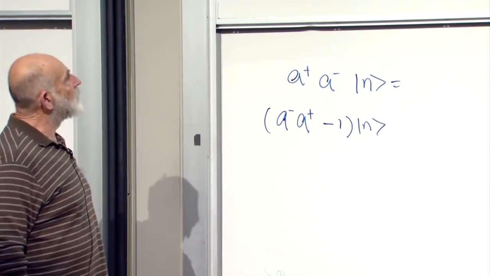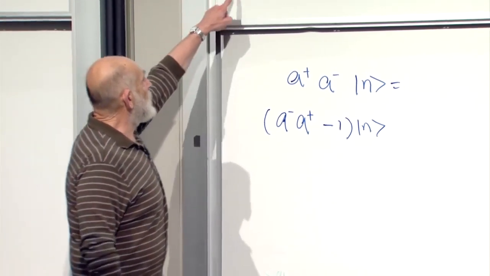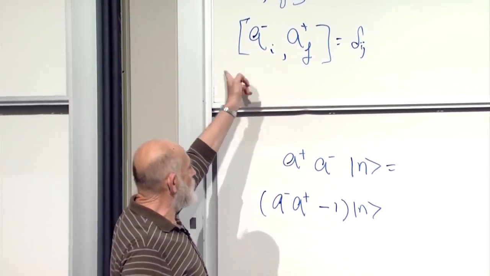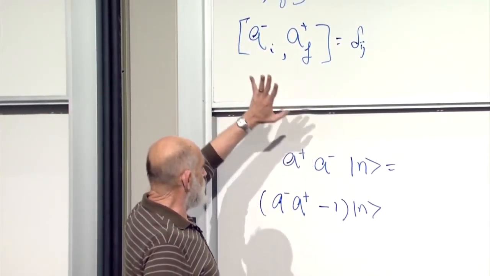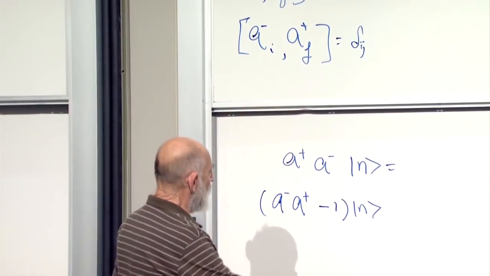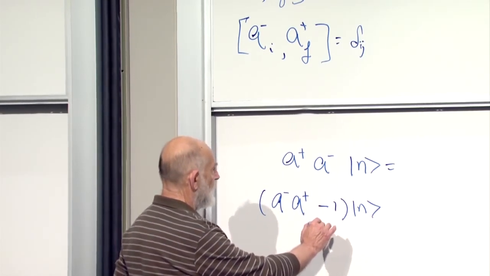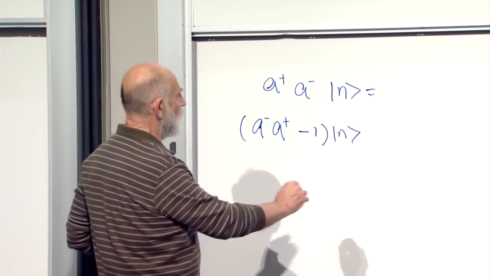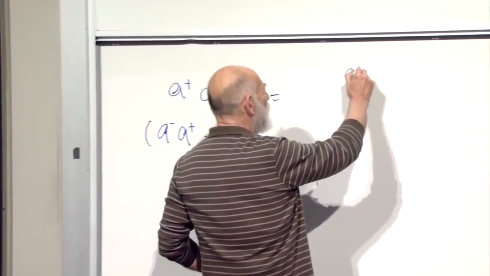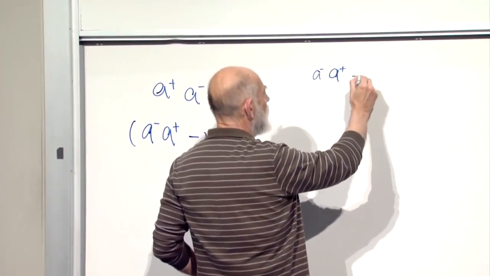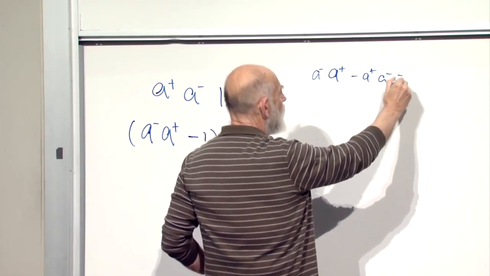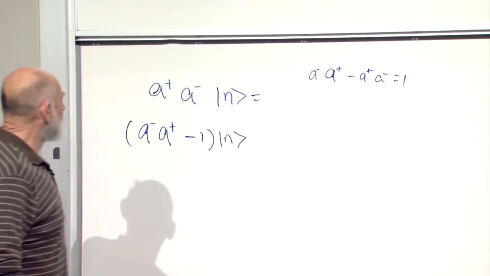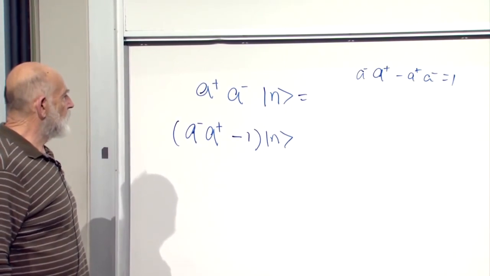Yes? A minus A plus is equal to A plus A minus plus 1. Plus 1, right? Minus? 1 minus the other. Well, let's see. A minus A plus minus A plus A minus is equal to 1. So, plus 1.